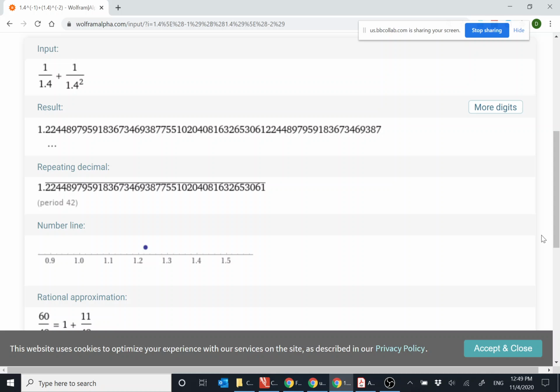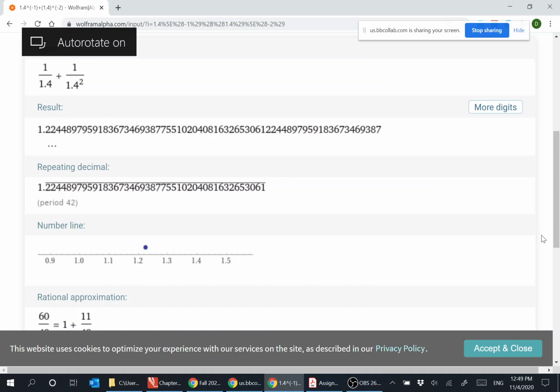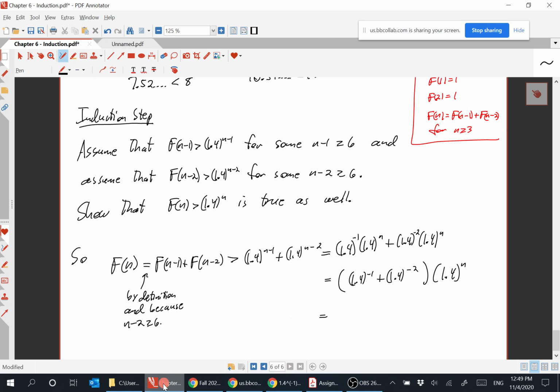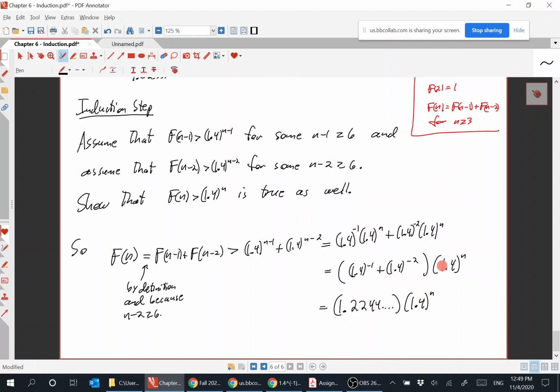That's 1.2244. So this is equal to 1.2244 something something times 1.4 to the n.